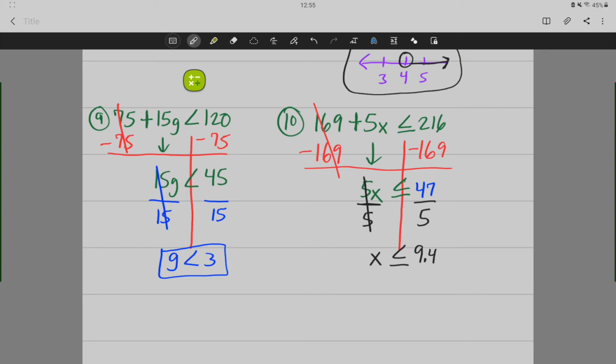You might be tempted to round up to 10 because it's a little bit more than 9. But again, you can't buy part of a book. Realistically, he really only bought 9 books. That is our solution, and that's it.